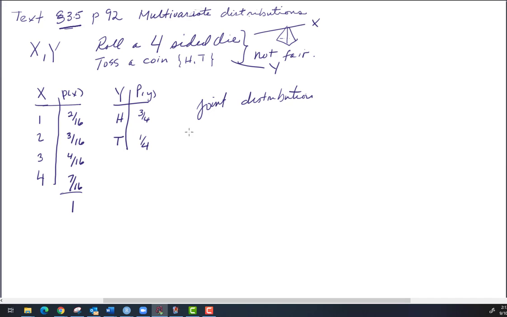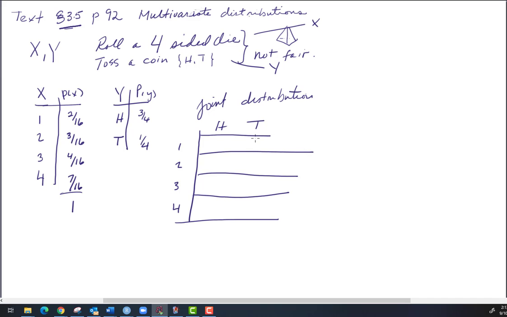Well, we could put the joint distribution into a table, and if we did, it would look like heads, tails, 1, 2, 3, 4, and just to make it easier visually, let's make it look like that.